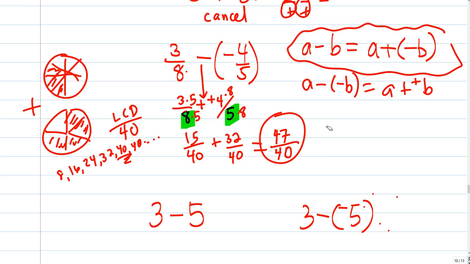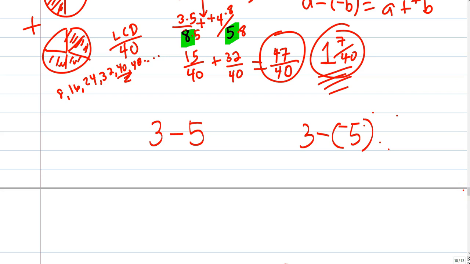It's a little more complicated. I could divide the 40 into the 47 and have it go in one time with 7 parts left over. I would accept either of these answers. This one makes more sense, like I've got one whole group and 7 parts out of 40. This one on the left is actually more algebraically easier to work with. I'm fine with either answer at this point.